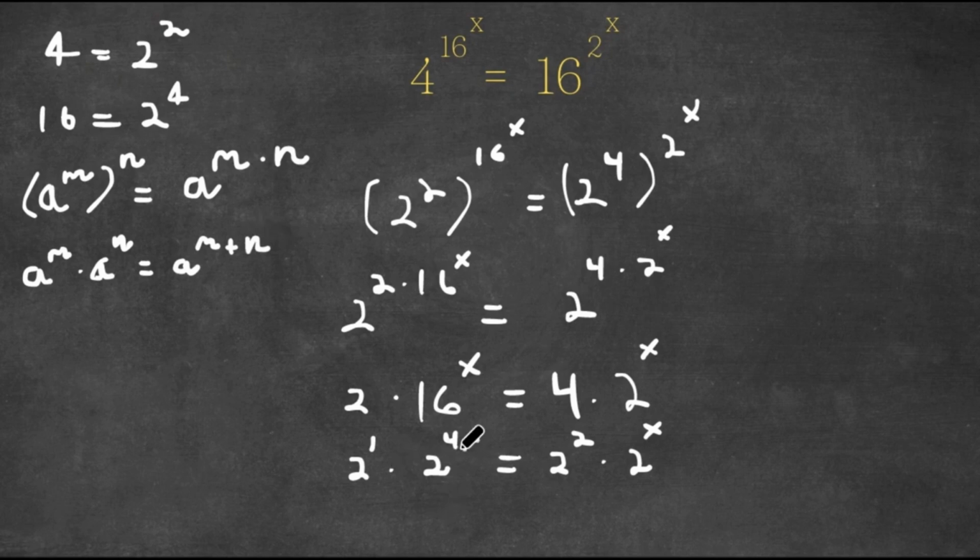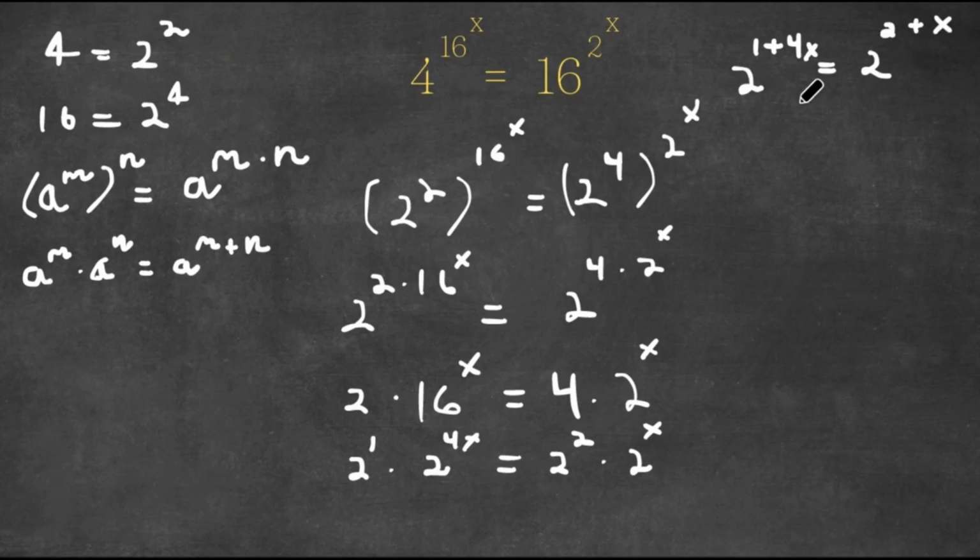So 2 to the power of 1 times 2 to the power of 4x is going to equal 2 to the power of 1 plus 4x. And now this is equal to, on our right hand side, 2 to the power of 2 times 2 to the power of x is equal to 2 to the power of 2 plus x.